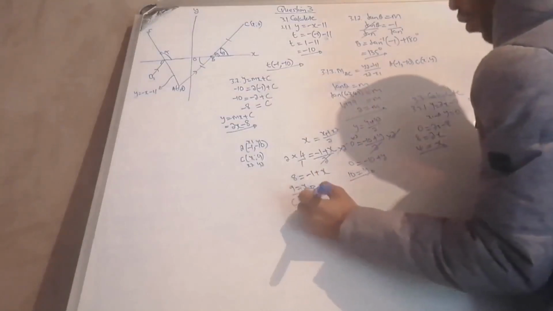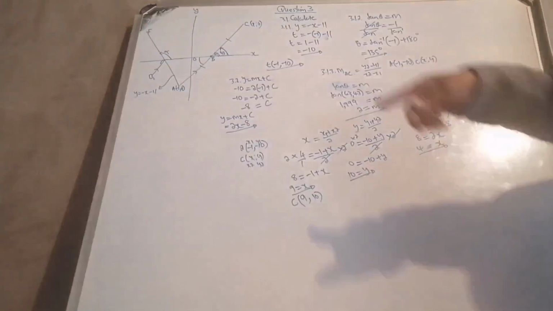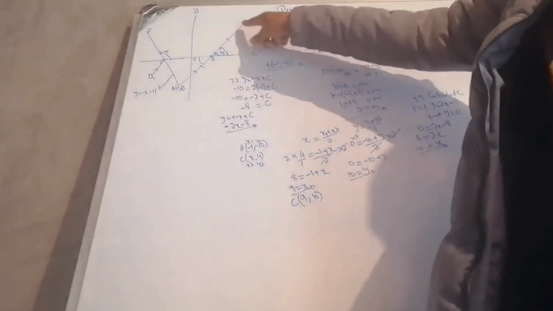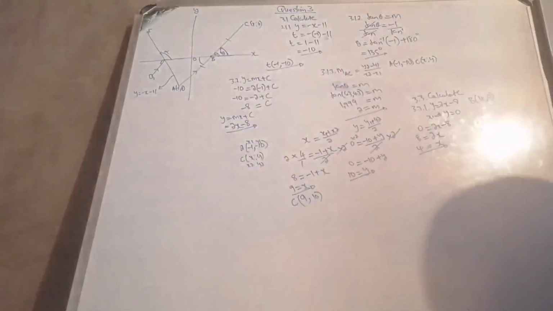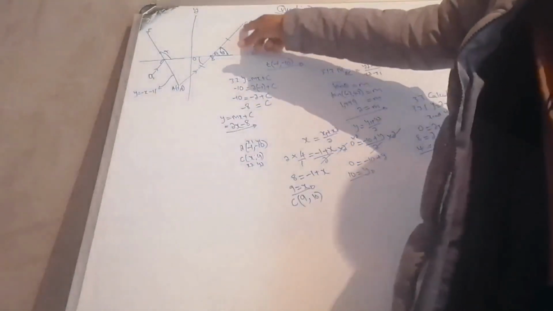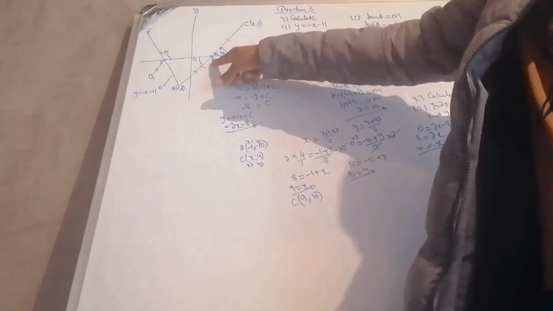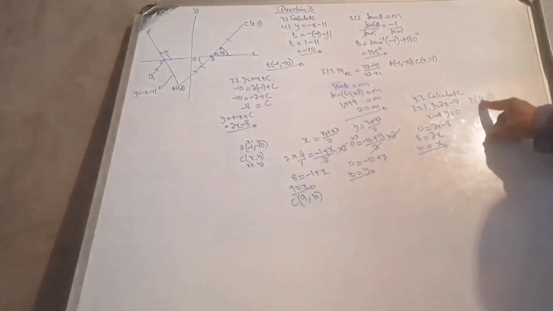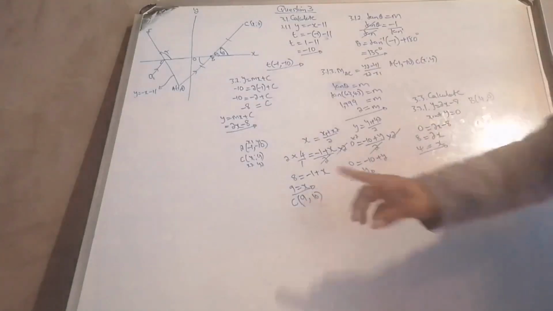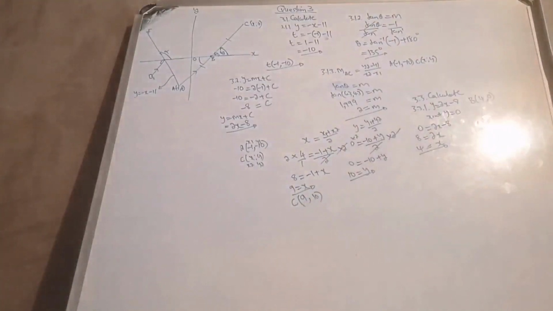Let's check if all that makes sense. Is x positive? Yes. Is y positive? Yes. And the x value of C must be bigger than the value of B. The value of B for x is 4, but the value of x for C is 9. So this makes a lot of sense.